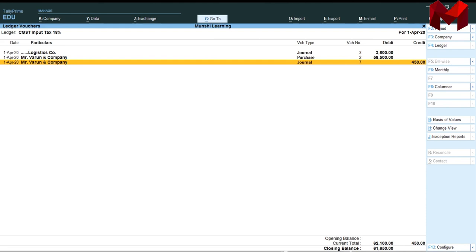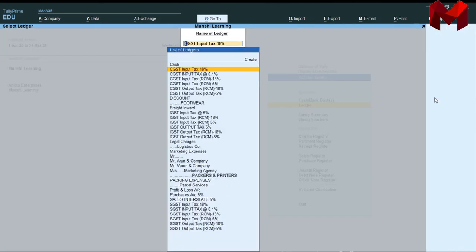The total credit was earlier 62,100, 450 was the reduced amount, and 61,650 is the net input tax credit which we are going to claim in the returns. And if we have already claimed the full amount of 62,100 in the earlier returns, then we can just reverse the 450 credit in the coming returns.